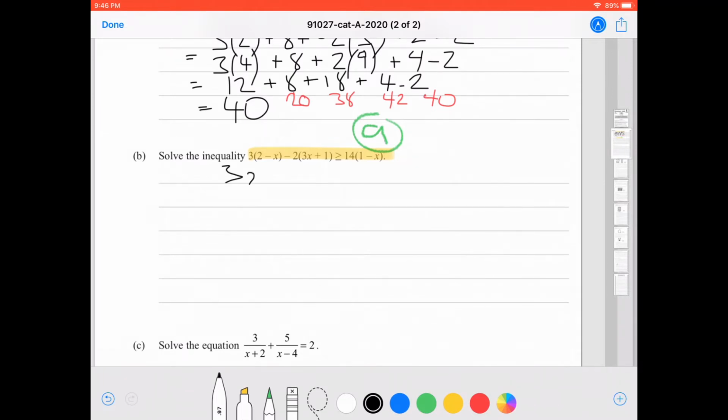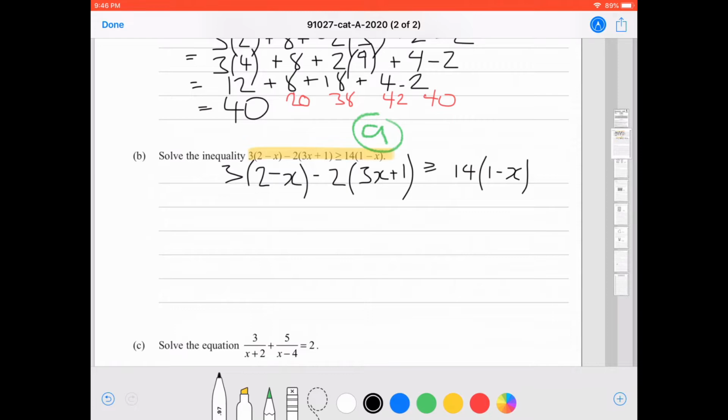Okay, so it's another long-winded sort of equation. We've been asked to solve, meaning we want a value for x.